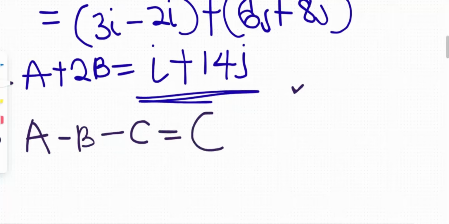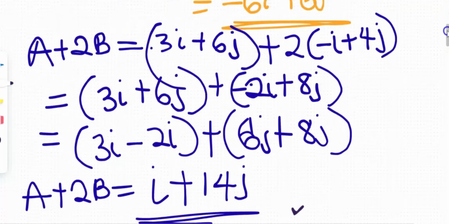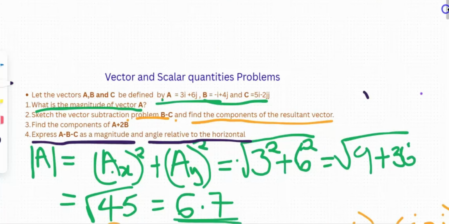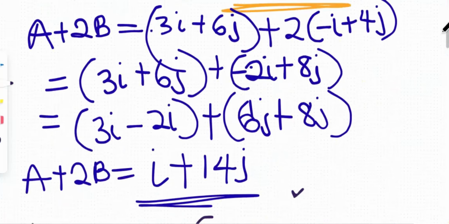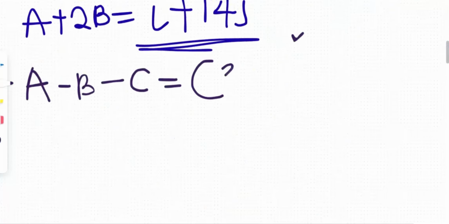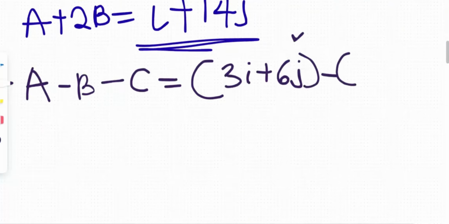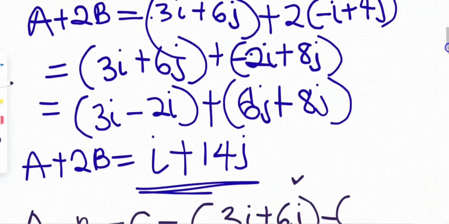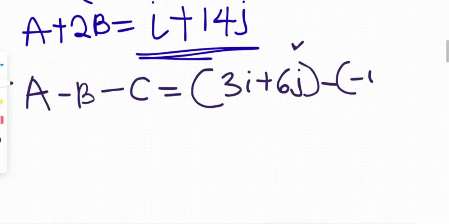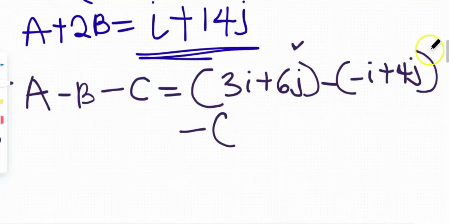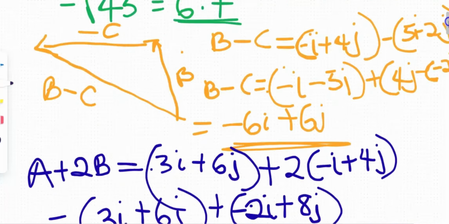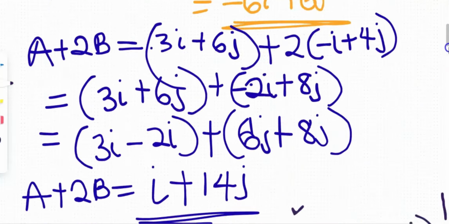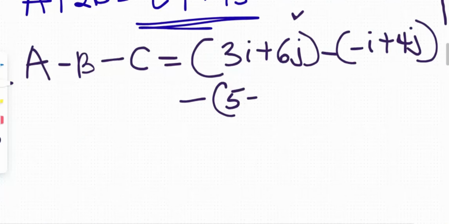We know that A is equals to 3I plus 6J. 3I plus 6J minus B is equals to, I think it's, I plus 4J, minus C, which is equals to 5 minus 2J.